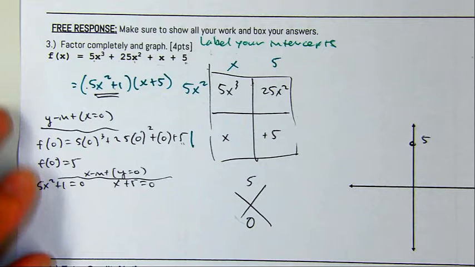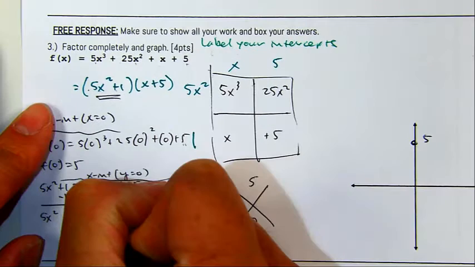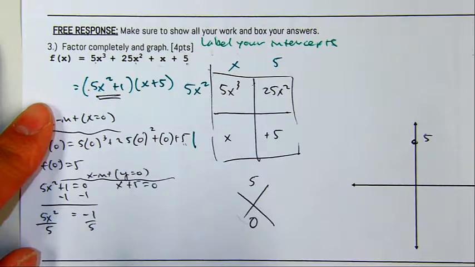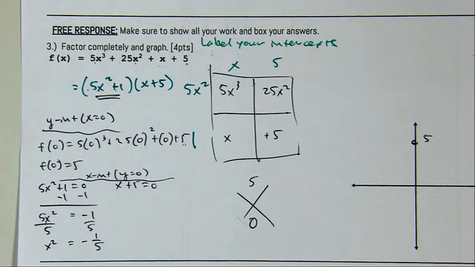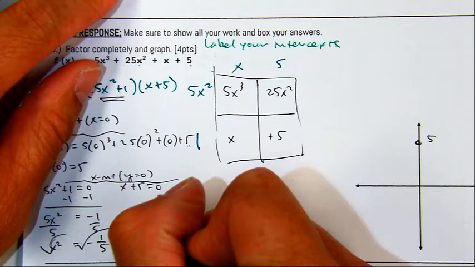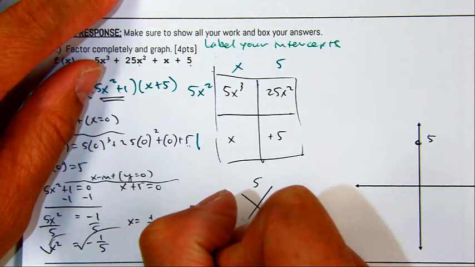Subtract 1, 5x squared equals negative 1. Divided by 5, x squared equals negative 1/5. And then if I take the square root, you're going to get x equals plus or minus the square root of negative 1 times 1/5.